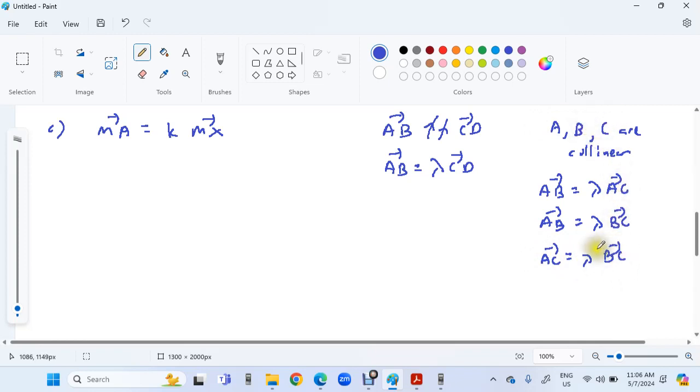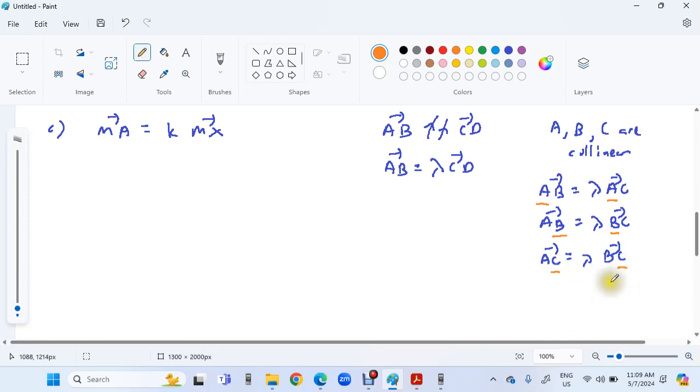Do you know what is the difference between parallel and collinear? We observe AB and CD, they don't have a common point. Then we have AB and AC, A is the common point. And then AB and BC, B is the common point.